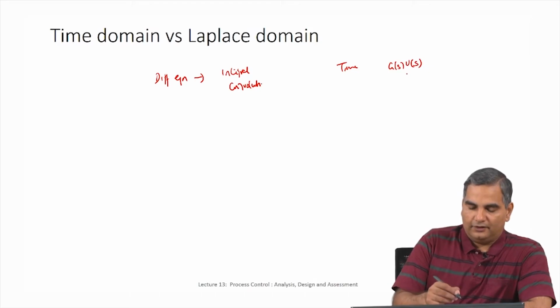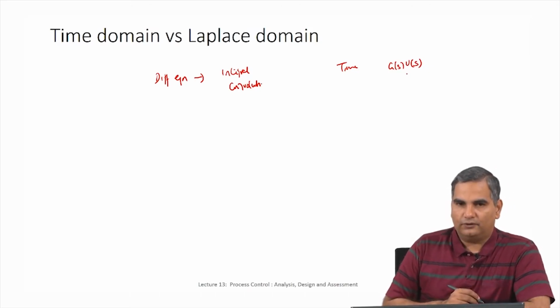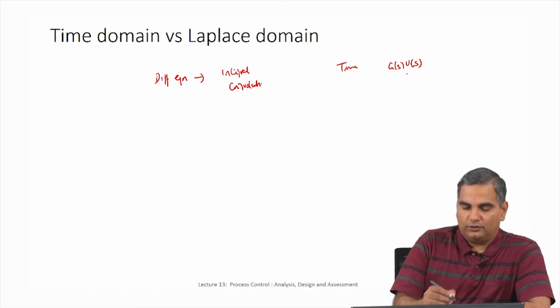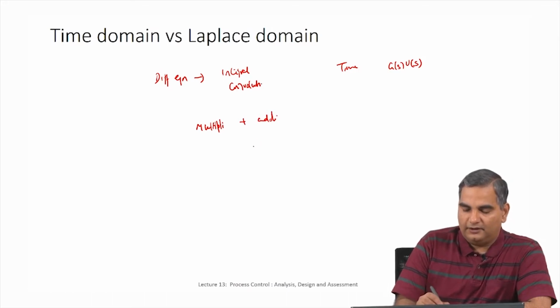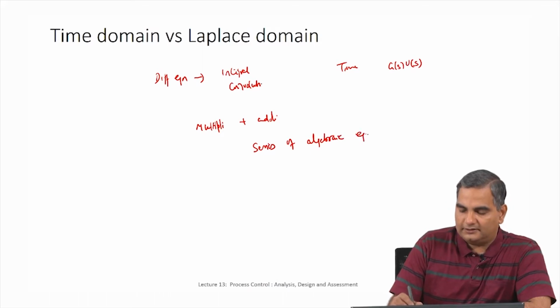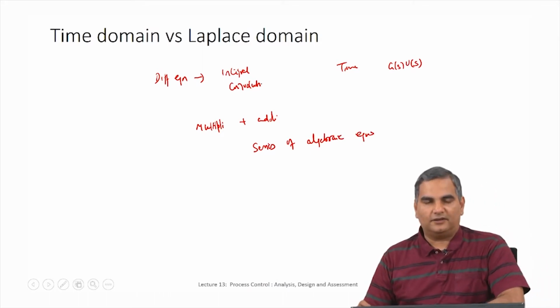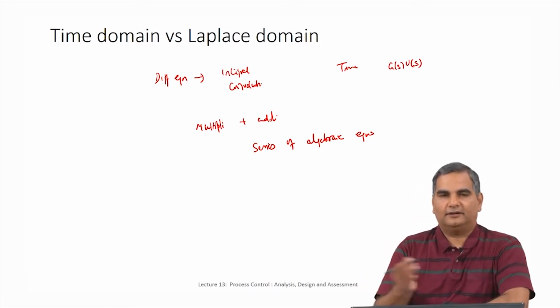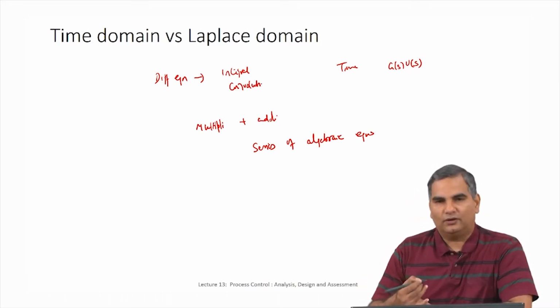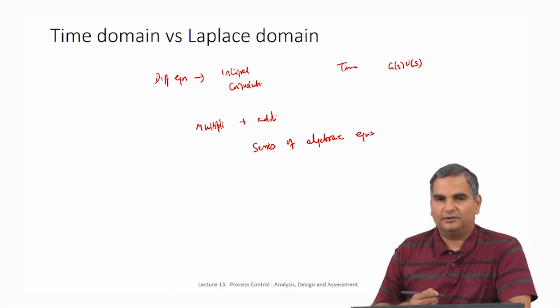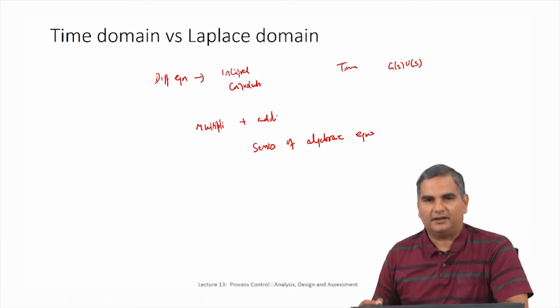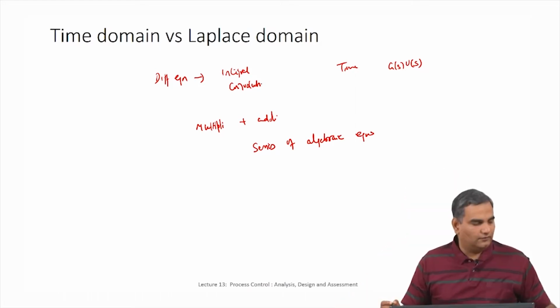So, when you have these blocks that I had before, the blocks use only multiplication and addition. What you will have is a series of algebraic equations, and we will see this in the next lecture. Once you have the series of algebraic equations, you collect terms to one side and solve for it, or use Gaussian elimination kind of things to solve for it. Ultimately all the variables become part of these algebraic equations, and you can quite easily solve for them.